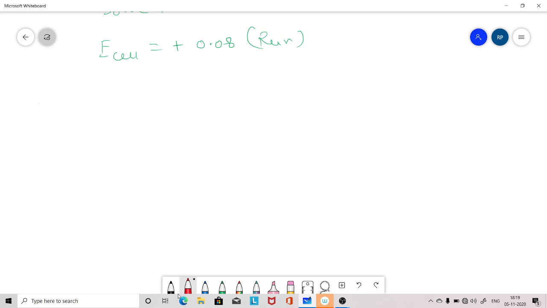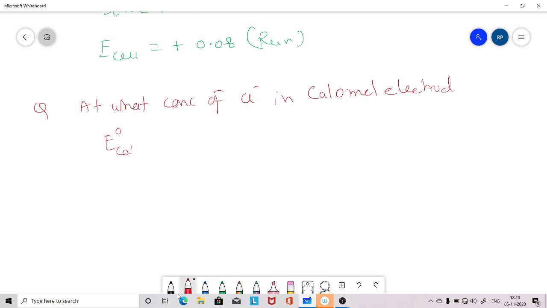Now see, at what concentration of chloride ion in the calomel electrode is E naught calomel the same as E naught of Hg2 2+ to Hg?